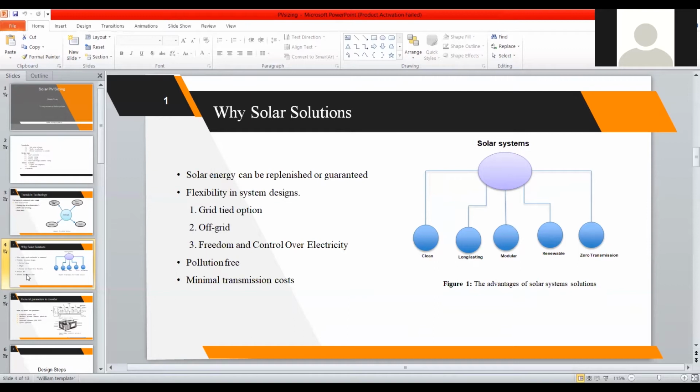If I want power for other applications, I can also do that. So it's flexible and modular in nature. It's also renewable. In other words, I know that the sun is somehow guaranteed tomorrow. These are some of the advantages of solar. Then there's no need for transmission lines. You generate just within your space, so the cost is minimized when it comes to transmission.